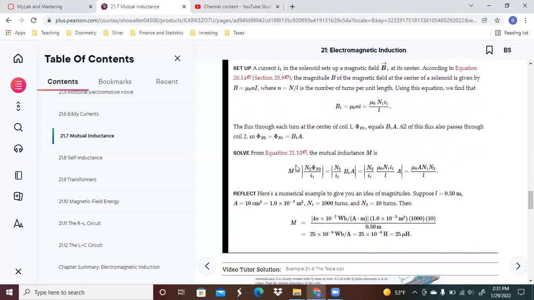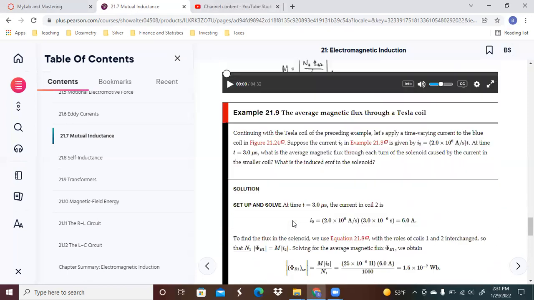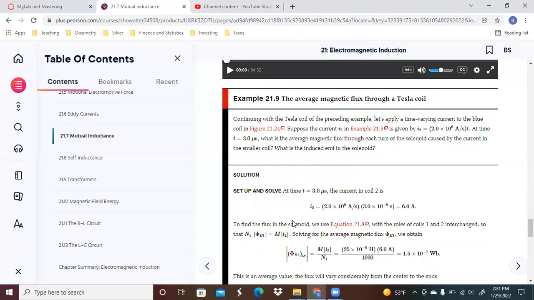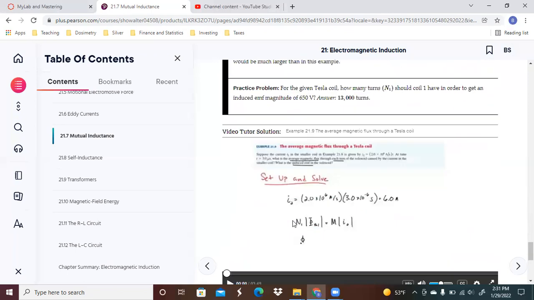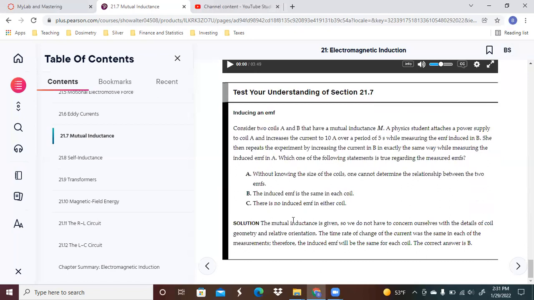So solving for this, the mutual inductance ends up being this, or this, or this, or this, which is a number of turns. So once you're actually given values for a lot of these particular variables, you can go through and figure out what the mutual inductance is, which is going to be given in Henrys. So you have other problems there that you can work through.